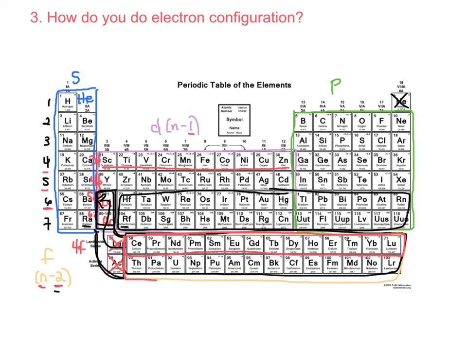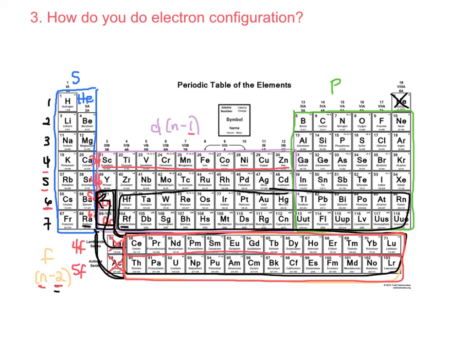And then if this row below it fits into the seventh row, 7 minus 2 is 5, so that's 5f. So you might want to mark those, 4f and 5f. And then the same thing holds true. When you get to those rows, you plug those rows in before you get to the D, and then you count through the D. So let's do one really fast.